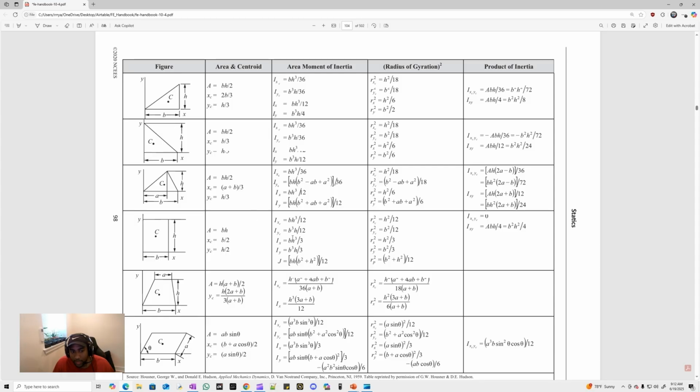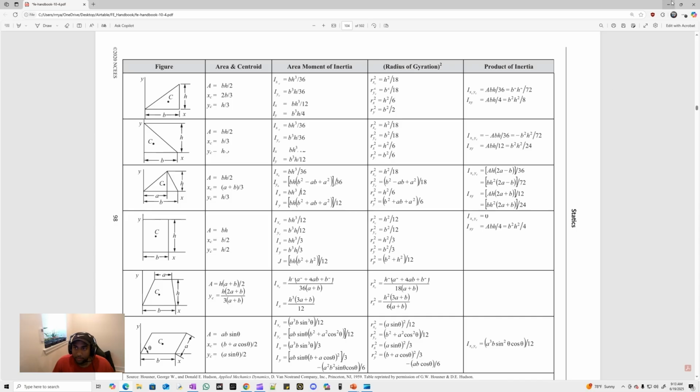And the moment of inertia about the y-axis, if you rotate by 90 degrees, the base now becomes your height, right? So it's height times base cubed over 12. Now that we understand all of that, J is just the sum of Ix and Iy, so that all is consistent here.